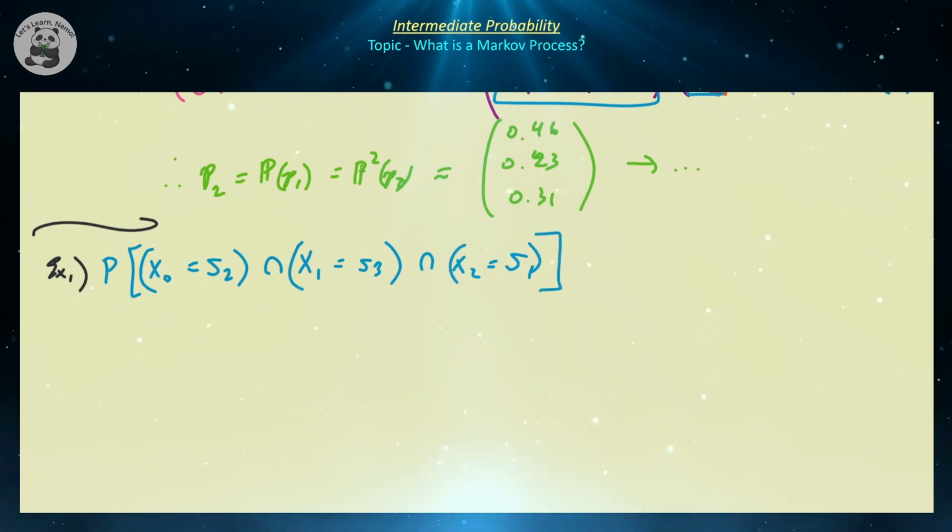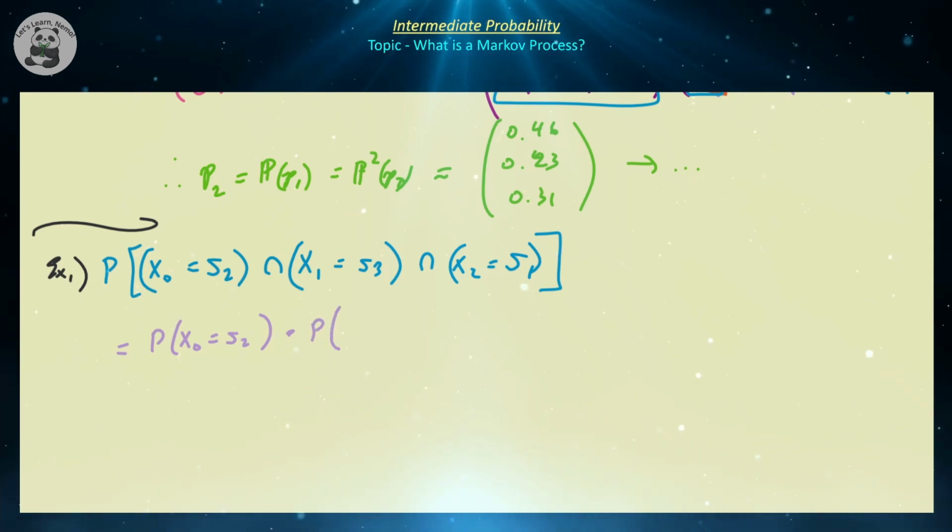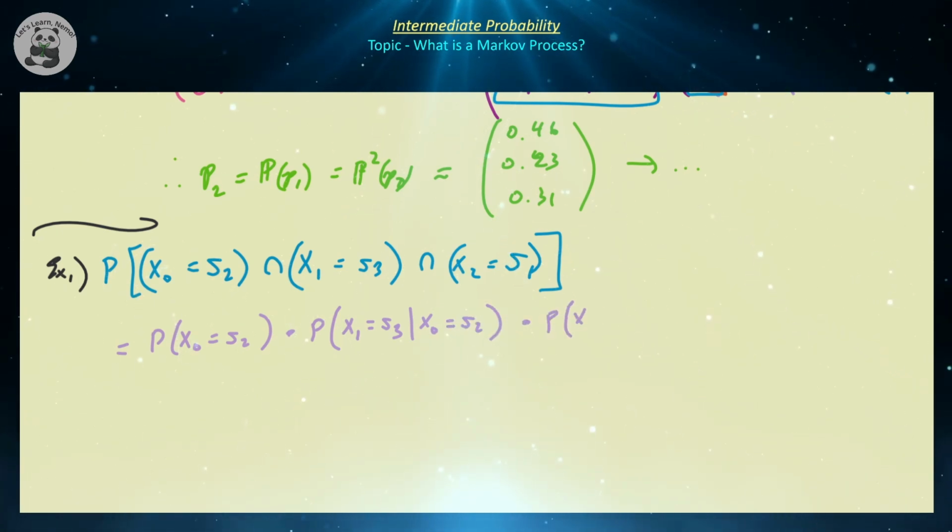So we already know the probability that x0 is going to take the value of S2. That's just going to be equal to 1. And then that's going to be multiplied by the probability that x1 is equal to S3, assuming that x0 is equal to S2. So that's just the product rule, times the probability that x2 is equal to S1, assuming that x0 is equal to S2 and x1 is equal to S3.